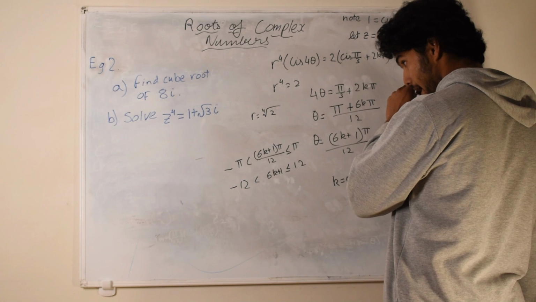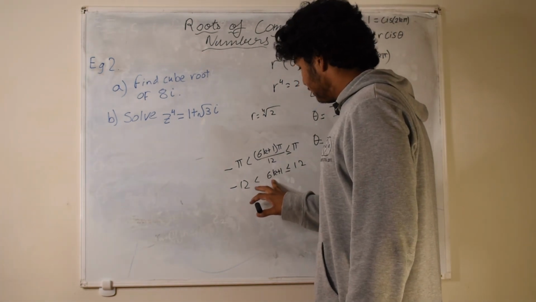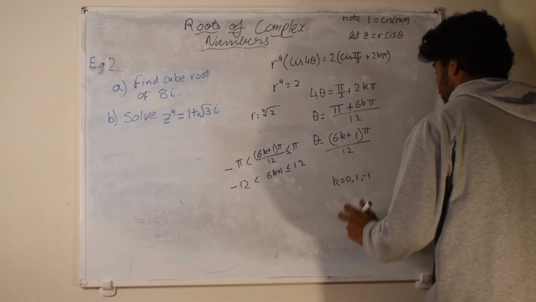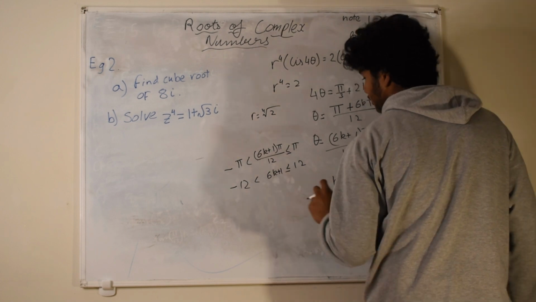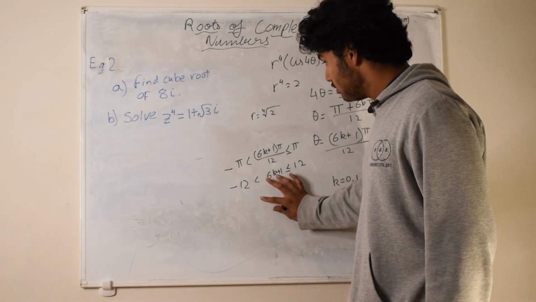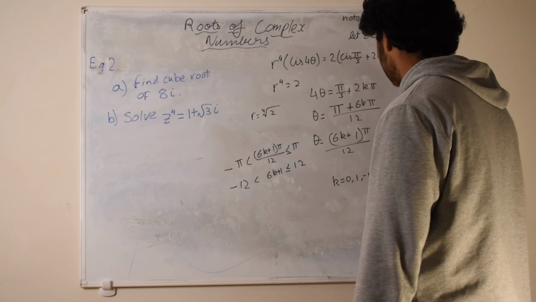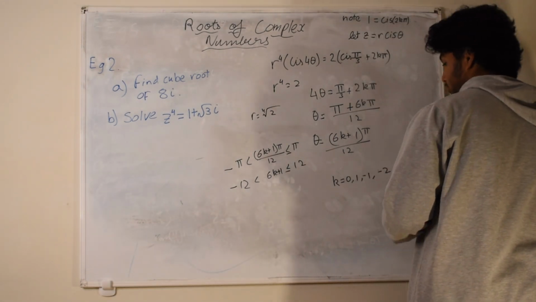And k equals 2: 6 times 2 is 12, plus 1, 13. Nope, not a solution. So k equals negative 2: negative 2 times 6 is negative 12, plus 1 is negative 11, which is a solution. Therefore k equals negative 2 is a solution.